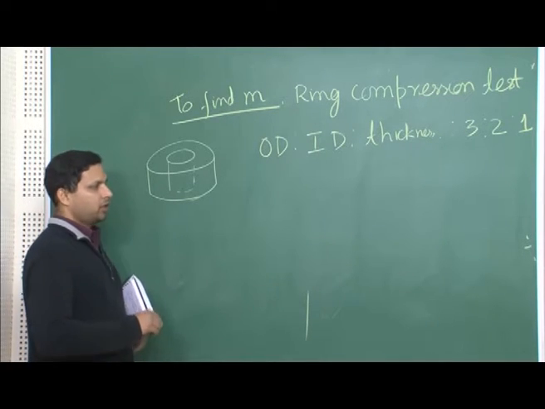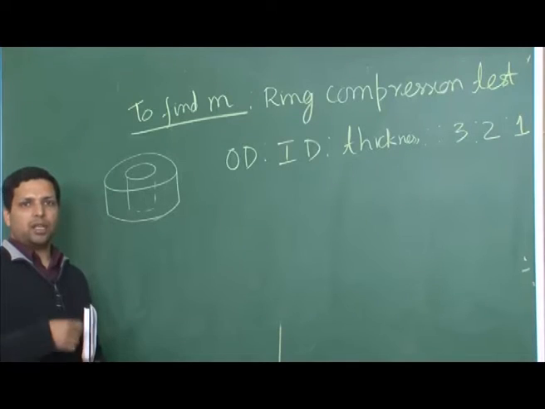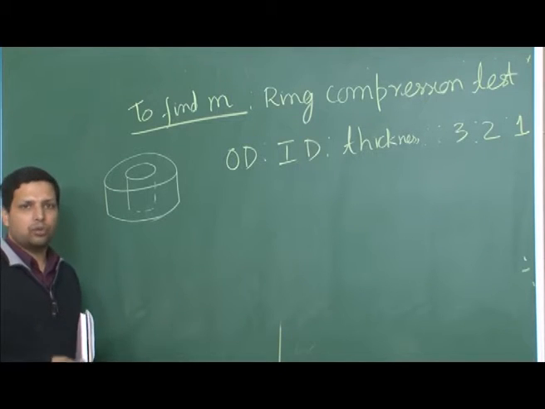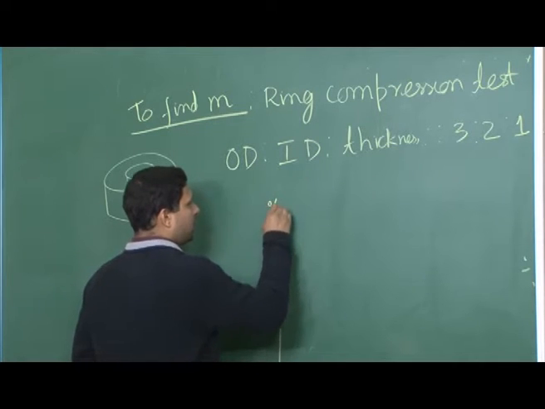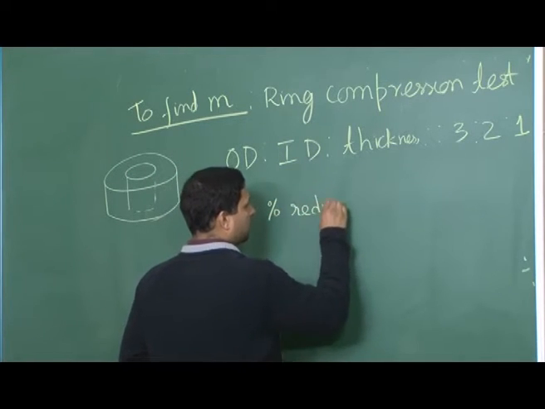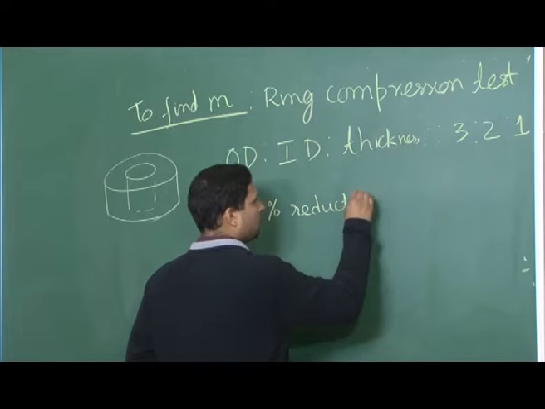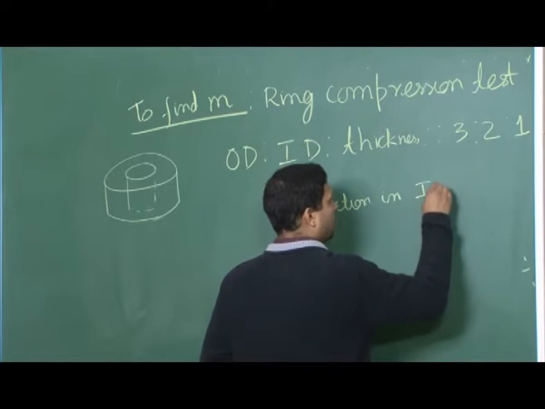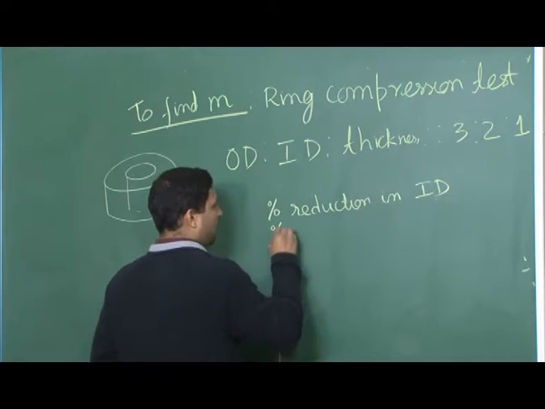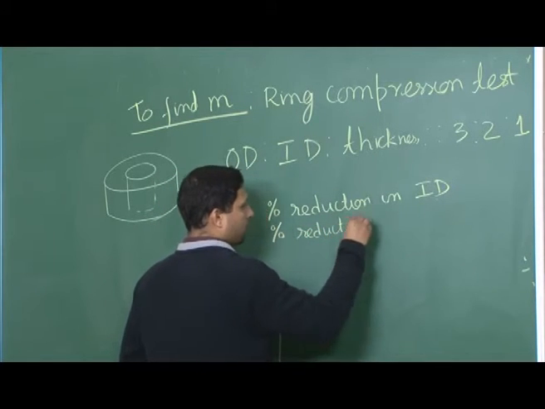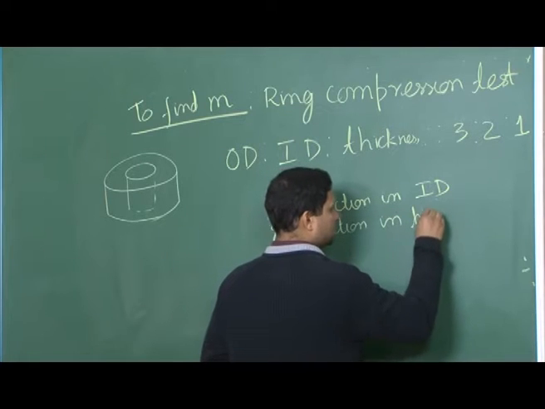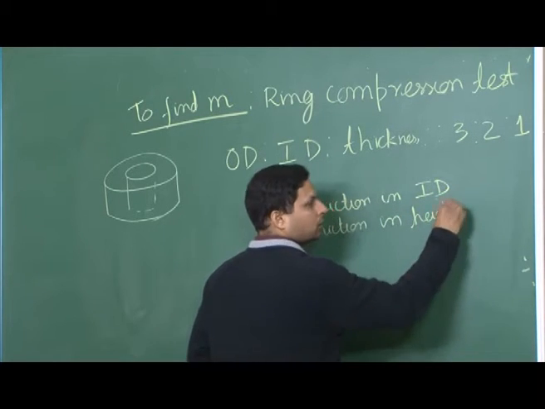Now, once you have it, you deform it in the same condition that you would have deformed your own sample, and then what you need to measure is percentage reduction in inner diameter and percentage reduction in height.